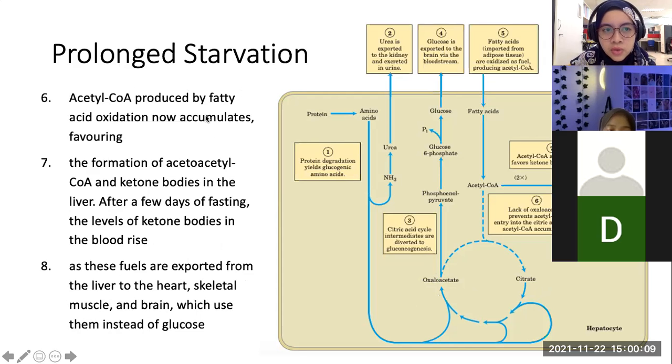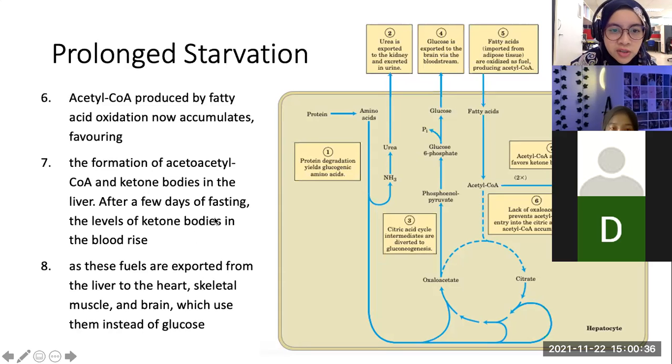So acetyl-CoA produced by fatty acid oxidation will now accumulate because it cannot enter the Krebs cycle. If this acetyl-CoA accumulates, it will favor the formation of acetoacetyl-CoA and ketone bodies in the liver. So point number 7: acetyl-CoA accumulation favors ketone body synthesis.